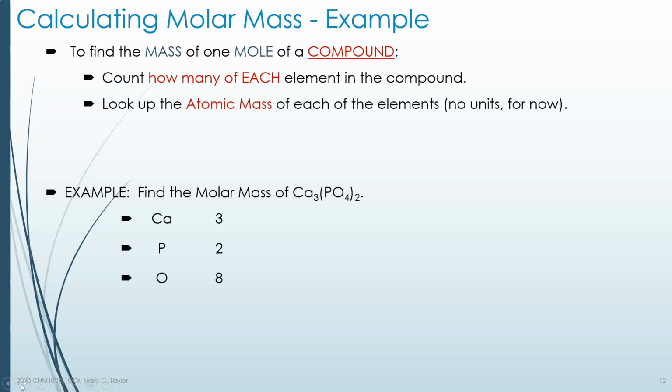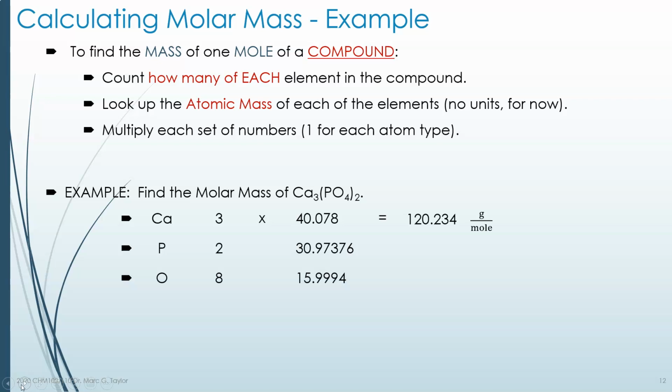We know the atomic masses of each of these, they're right on the periodic table, and the atomic masses are the same values, the same numbers as the molar masses for each of these atoms, just in grams per mole. So we would look up those molar masses or atomic masses of each atom, and then we would multiply how many atoms times the respective molar mass of the atoms to get the total contribution of each type of atom.